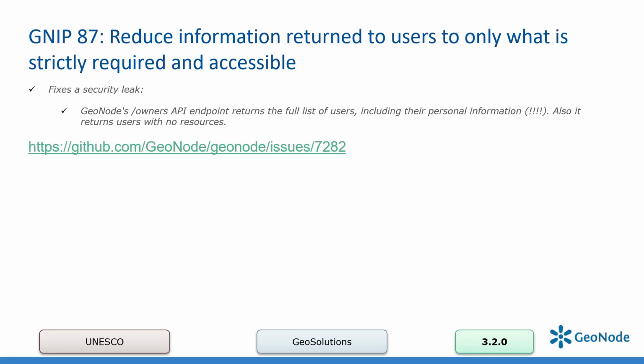So information like the email or telephone number, or whatever fields are not public or should not be public, will be hidden by default both from the UI and from the APIs.